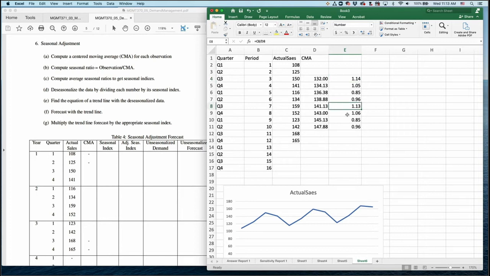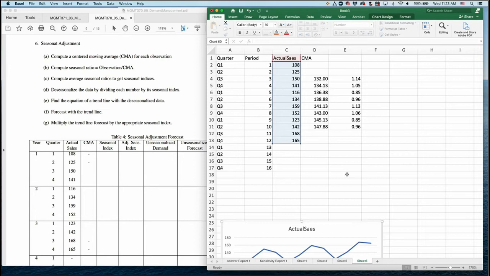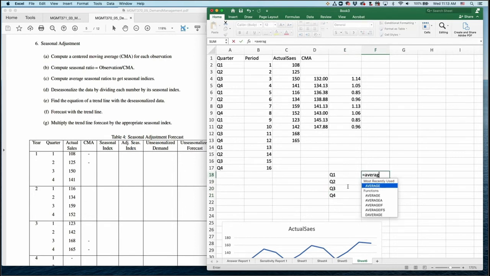Then we can compute our average number Q1 and Q2, Q3 and Q4. So for this you can use the AVERAGEIF function. So AVERAGEIF means what? We can compute the conditional average. So we can compute the average for all Q1.